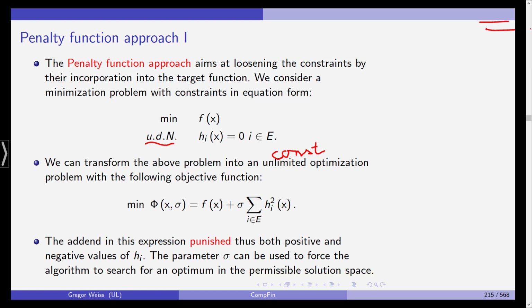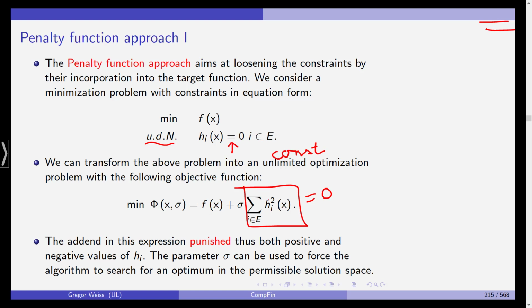We minimize phi of x, and now we have sigma. And phi is defined as f of x plus sigma times the sum over the squared values of all constraints. Why is that? If all those constraints are fulfilled, this sum would be 0. Look at this. All the constraints need to be 0.